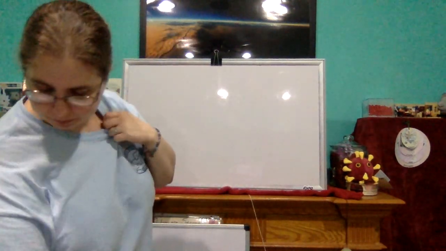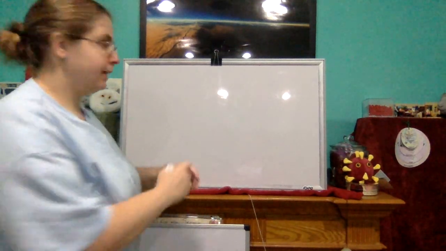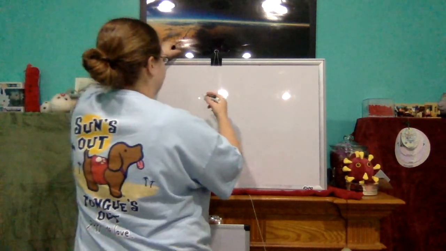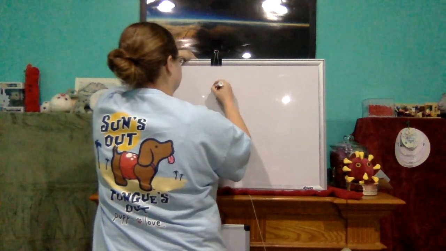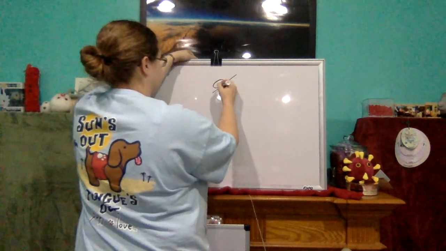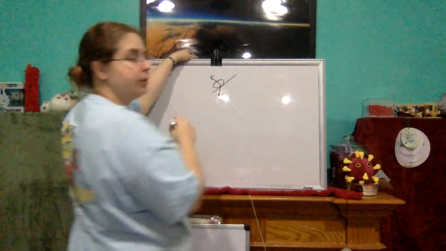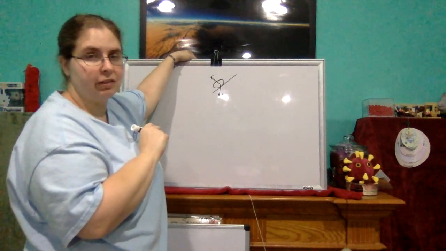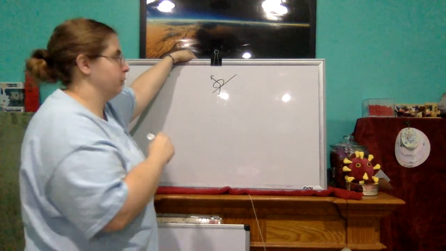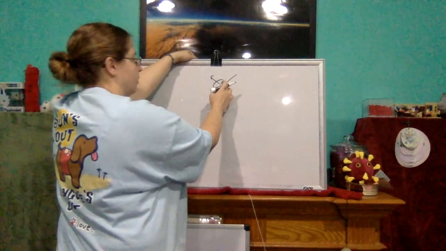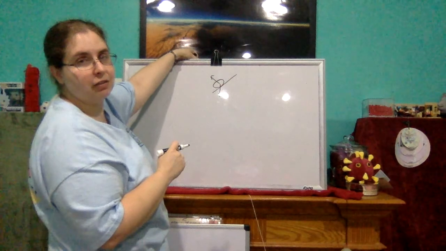All right, so we have a ball rolling down a hill. There's gravity and normal force. Now, normal is always perpendicular to the ground. Since it's rolling down a hill, the normal force is going to be perpendicular to the hill.